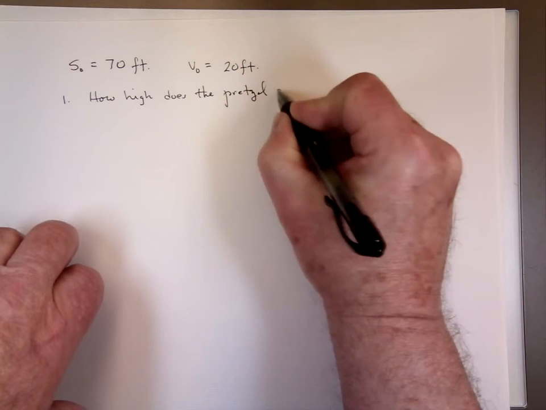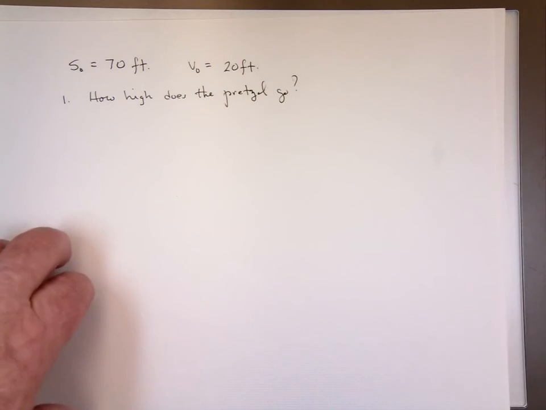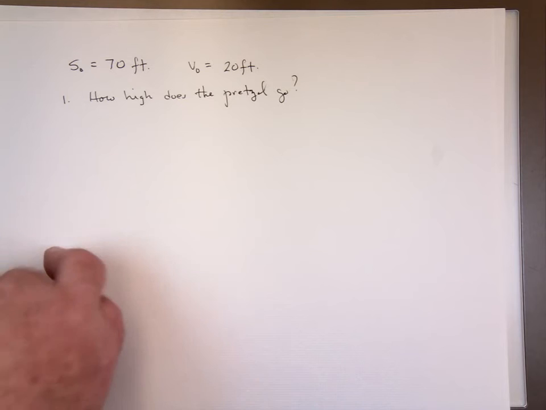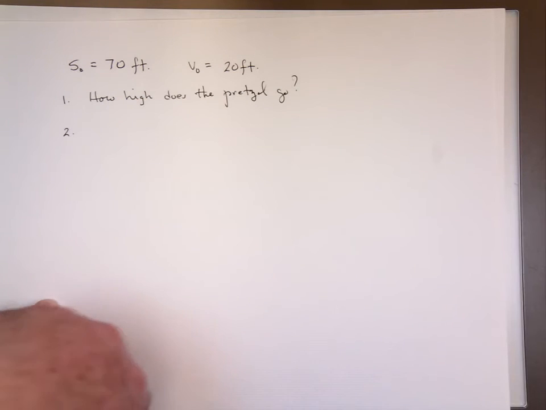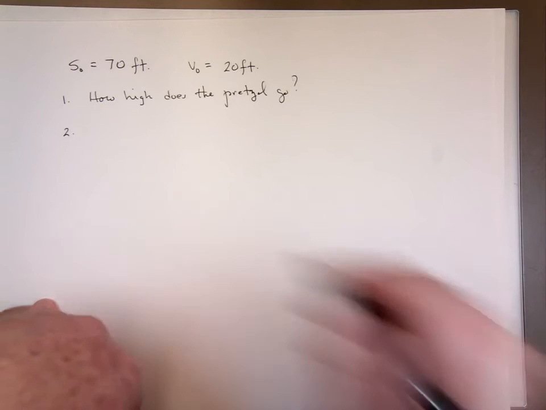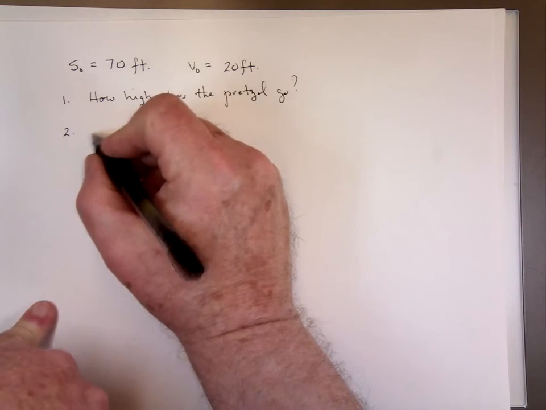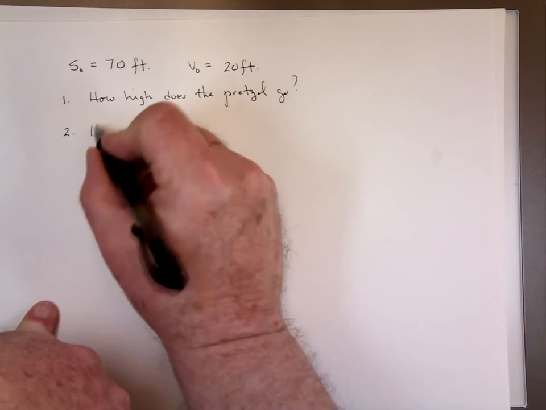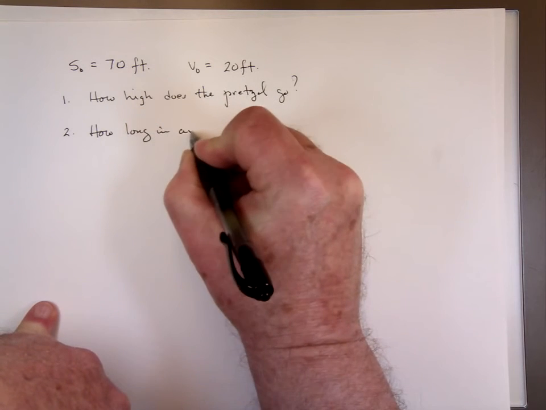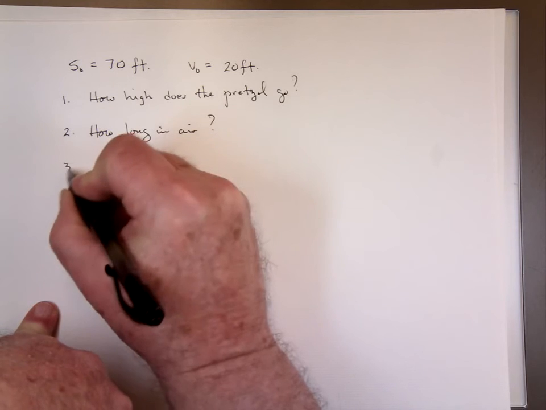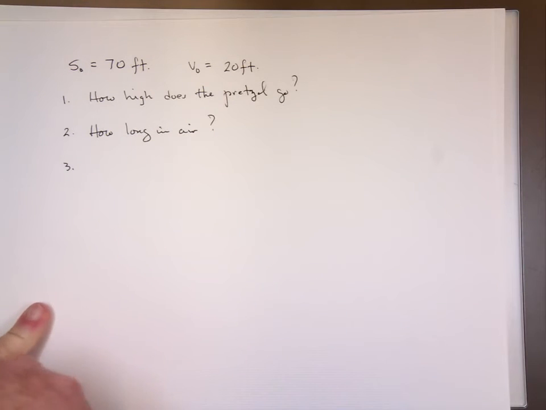What's its max height? How high does it go? How long is it in the air? Wait, we're going to do this. How long in the air? What's its velocity when it hits the ground?